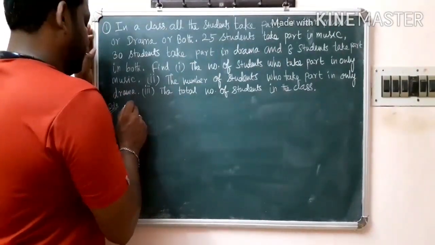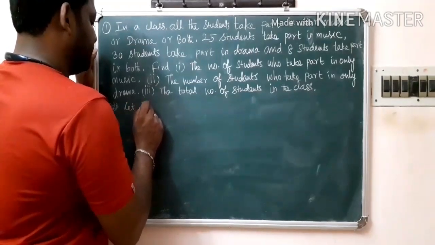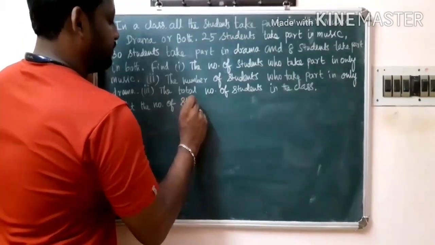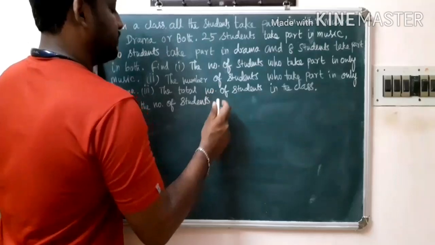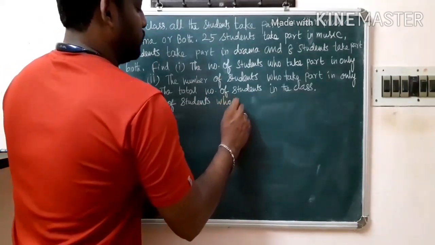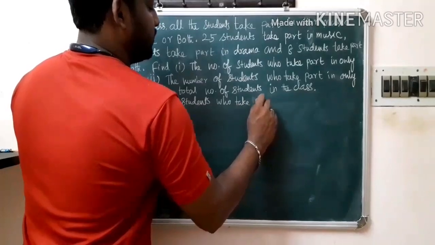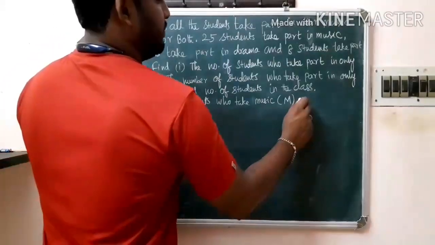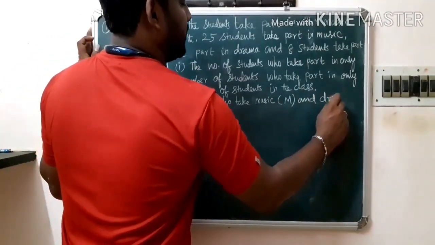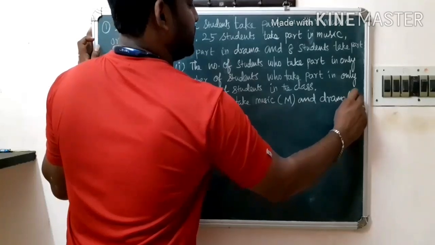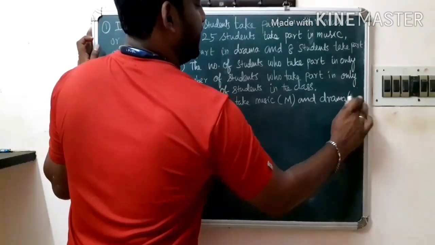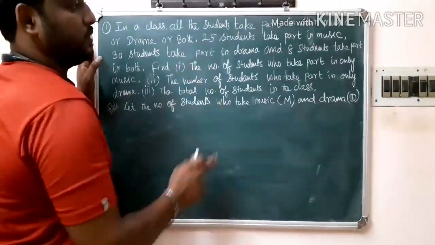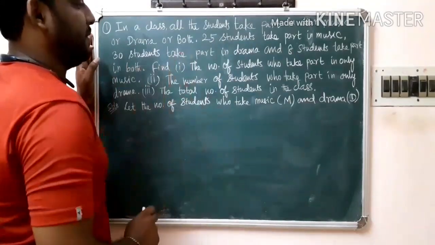Here let the number of students who take part in music be the set called capital M, and drama be the set called capital D. 25 students take part in music and 30 students take part in drama.